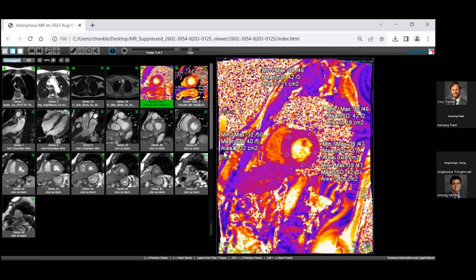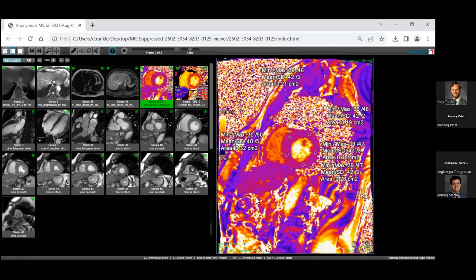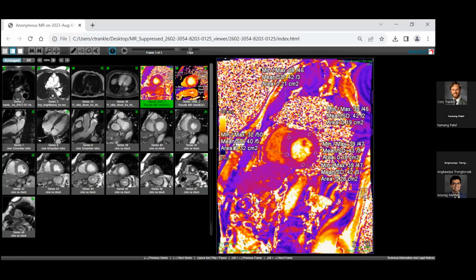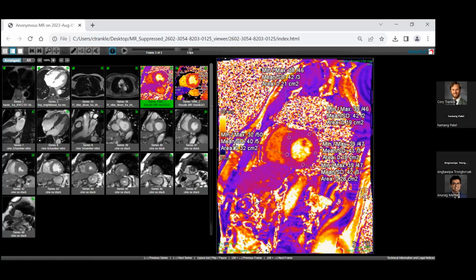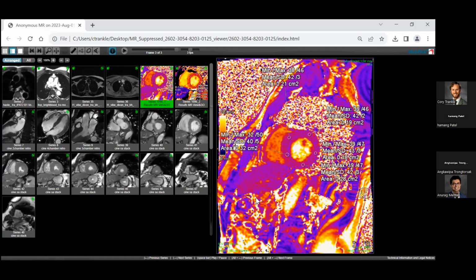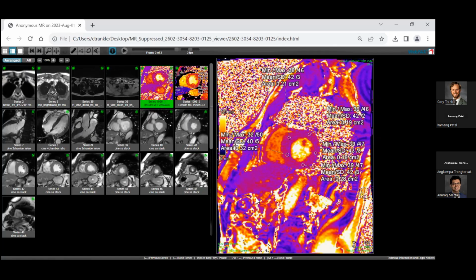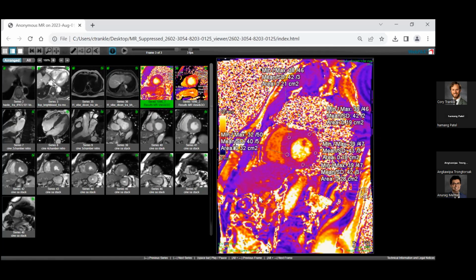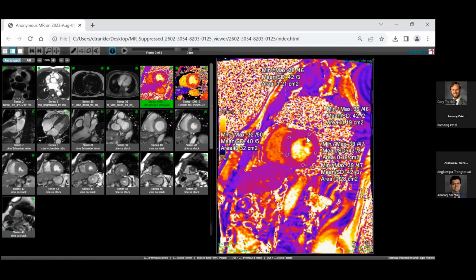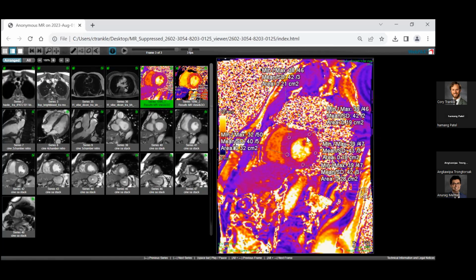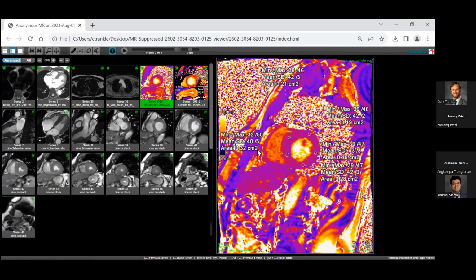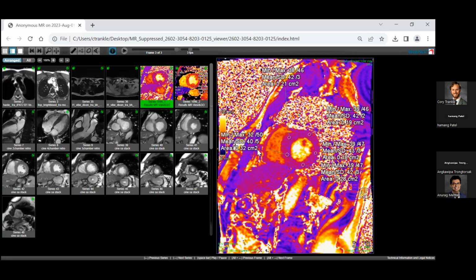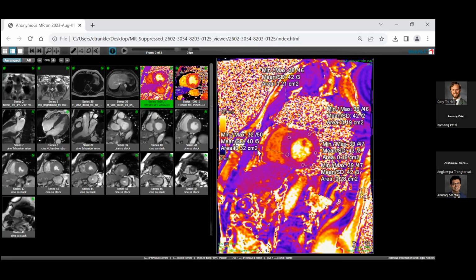So if we think about this color scale, 0 to 120, down here in the purples is about 40 milliseconds. And you see all around, someone has drawn small regions of interest within the left ventricular myocardium, these little white circles embedded in the purple. Let's follow one of the dotted lines, the one to the left, and what they've done is show you the area in the bottom row of the text here.